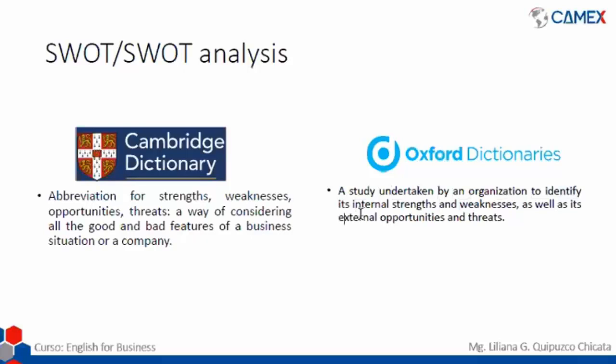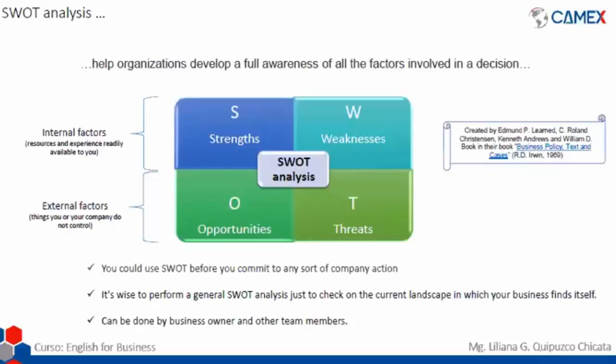So now, this is how you do a SWOT analysis. You can make a little diagram, you can write first strengths, then your weaknesses, then your opportunities, and finally your threats.